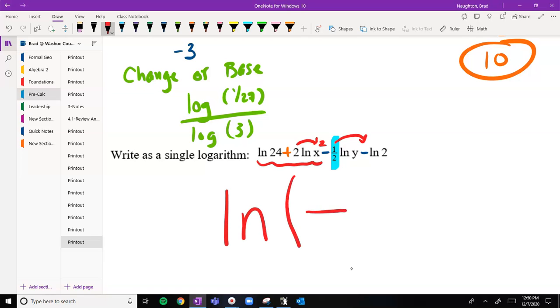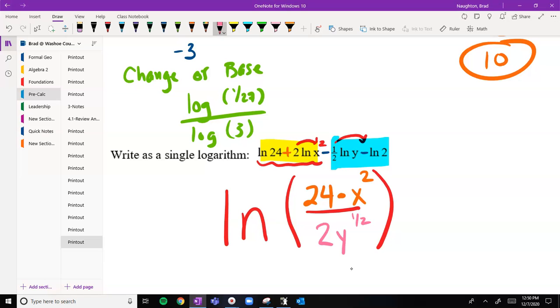And then, so all this is going to be on the top here. So the 24, and then when we add it, it turns into multiplication of x squared. And then with our bottom ones here, all these are going to be in the bottom. This is going to go ahead and become 2y to the 1/2 power.